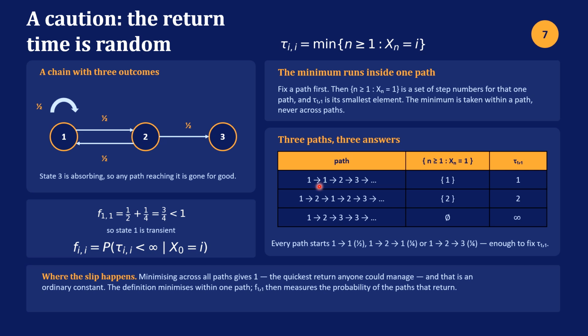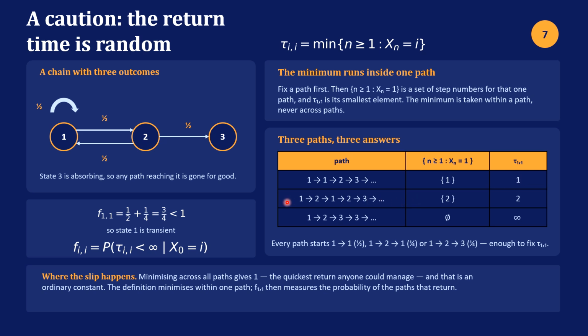So I have three examples here. Here is 1 going back to 1, and then to 2, and then to 3. Then it could go on, because maybe there are other states here. But this is the path, and the minimum return back to 1 is in one step. So tau 1,1 would be 1 here.